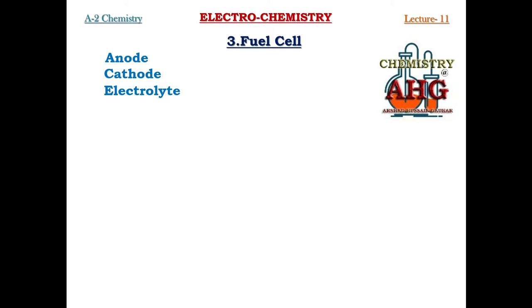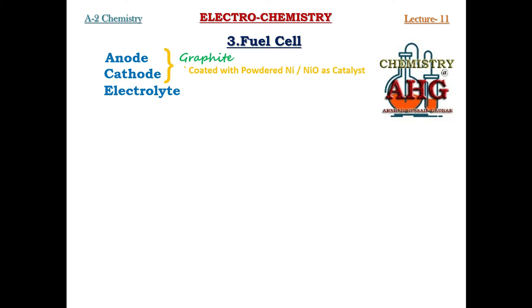Now in case of a fuel cell, you must remember the anode and cathode are made up of graphite. They are made up of porous graphite walls, and these graphite walls are coated with nickel and nickel oxide. Nickel and nickel oxide are used as catalyst to increase the rate of reaction.